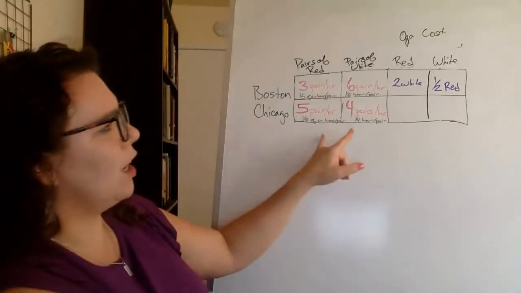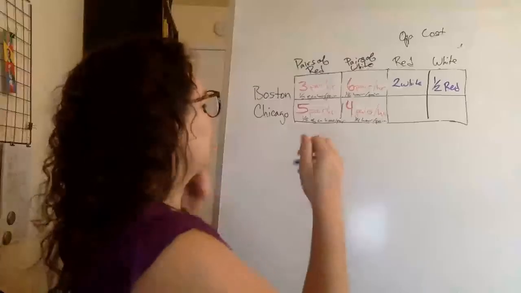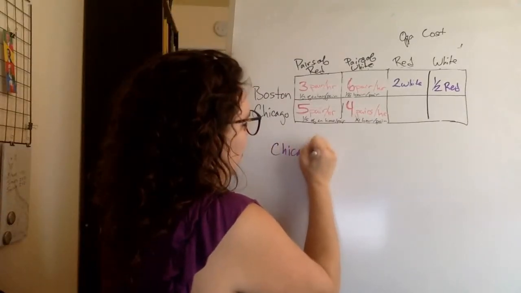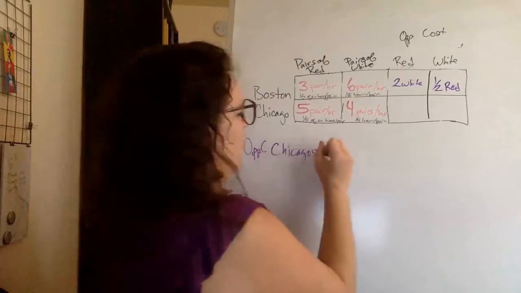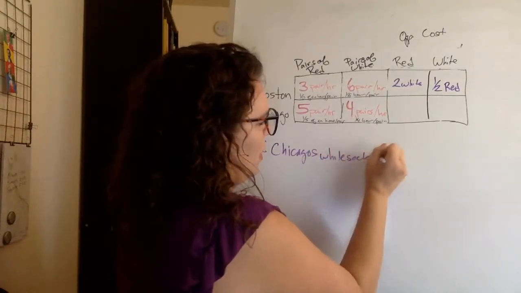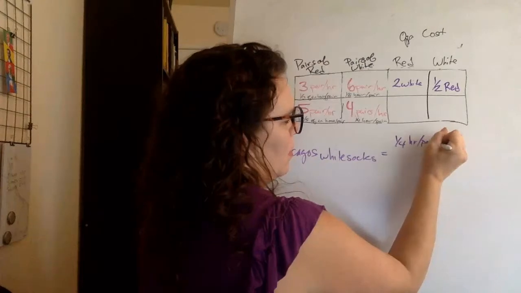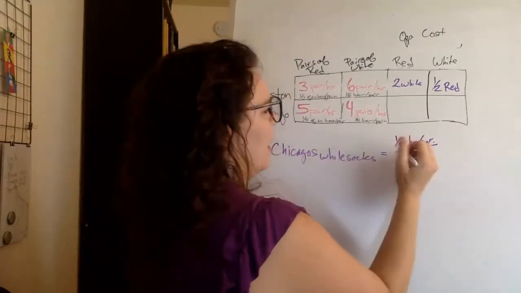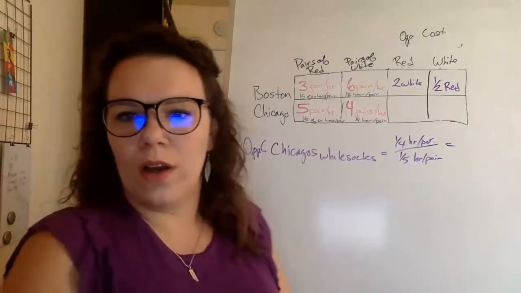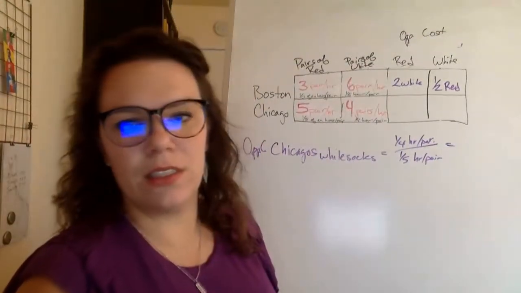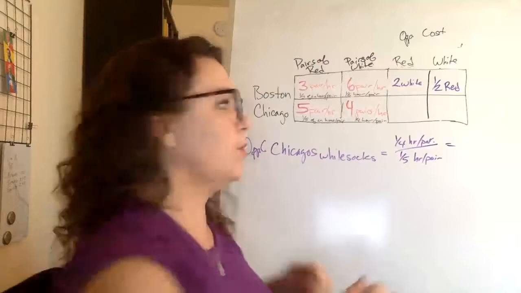If we're looking at Chicago's opportunity cost of White Sox, we can set it equal to the cost, 1/4 hour per pair of White Sox, divided by 1/5 of an hour per pair for Red Sox, and get 1/4 divided by 1/5, or 0.25 divided by 0.2, gives us 1 1/4 or 1.25.